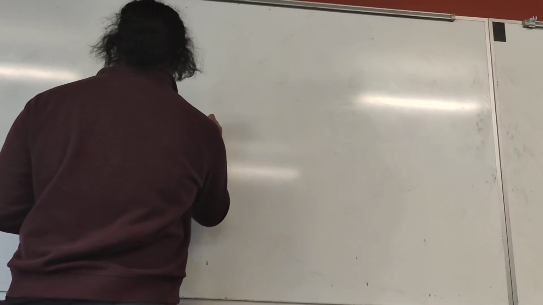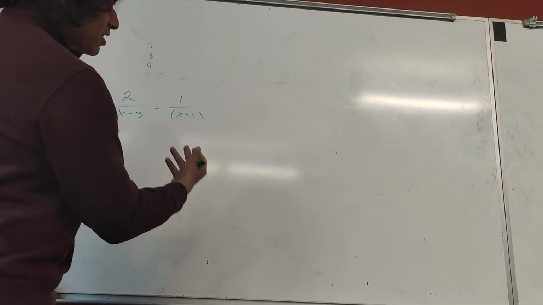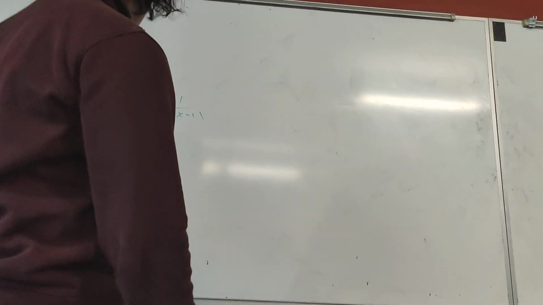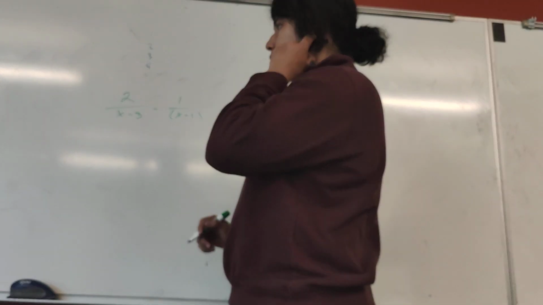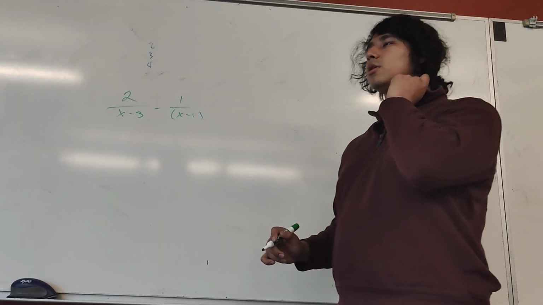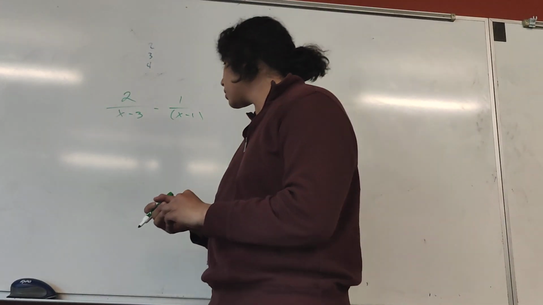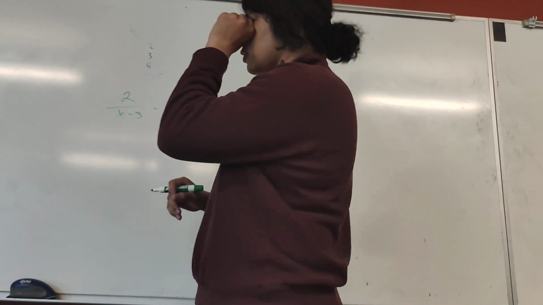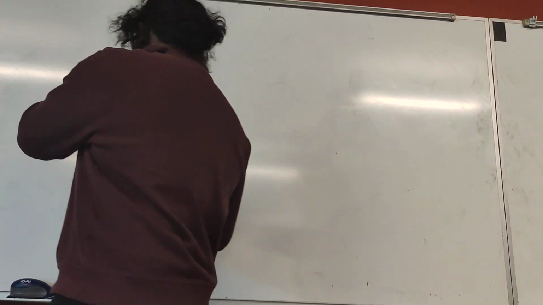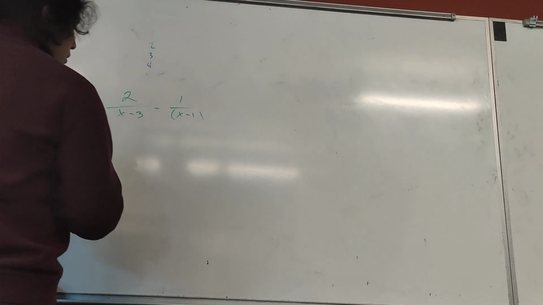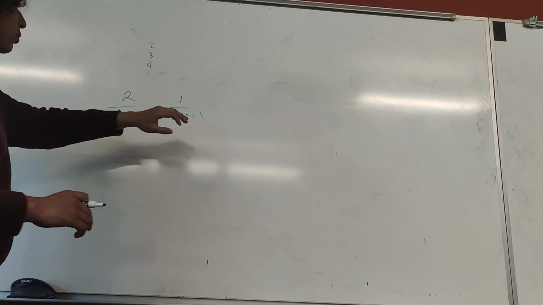I'll just add parentheses because I added a parenthesis. I don't want to erase it. So here, I don't know what people call it, but some people call it the butterfly or something. Or honestly, you can do this, multiplied by 1, both sides.